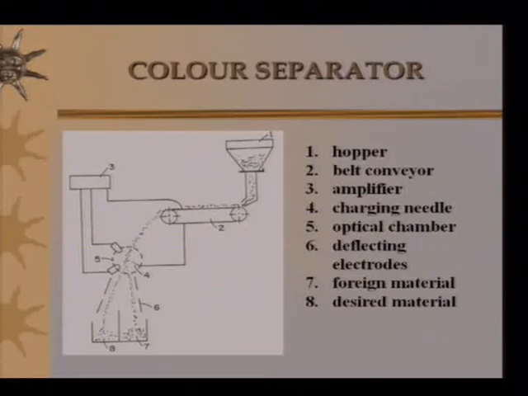Now coming to color separation, it becomes very important in the food industry, where you have to separate the off color or undesired color product from the desired color product. For example, in the rice milling industry, our companies are exporting rice to outside countries, especially basmati, a very special variety of rice.